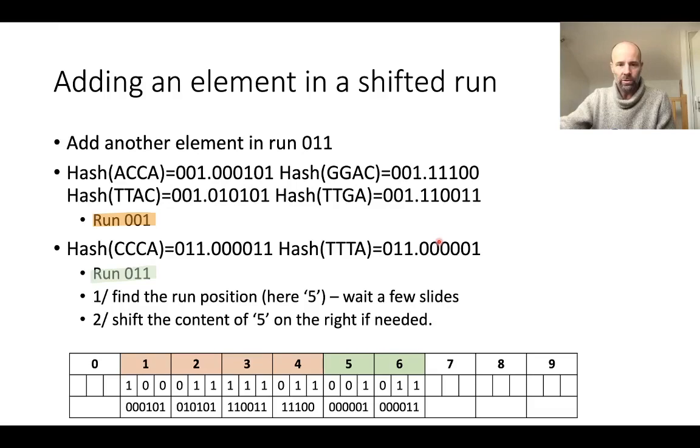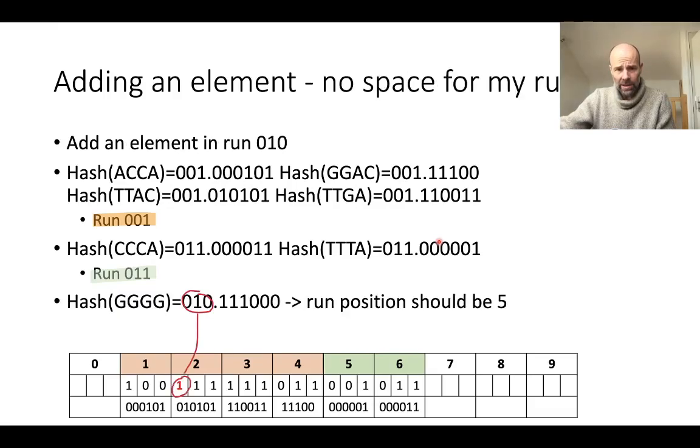Third situation, I'm going to add an element whose quotient is equal to 2. So as before, I put a 1 here because now I have somewhere in my filter something that has this quotient equal to 2.